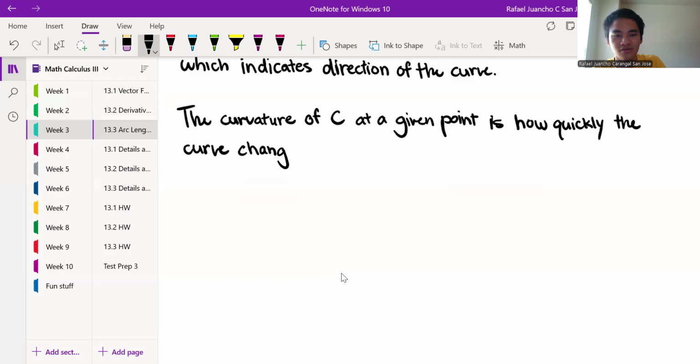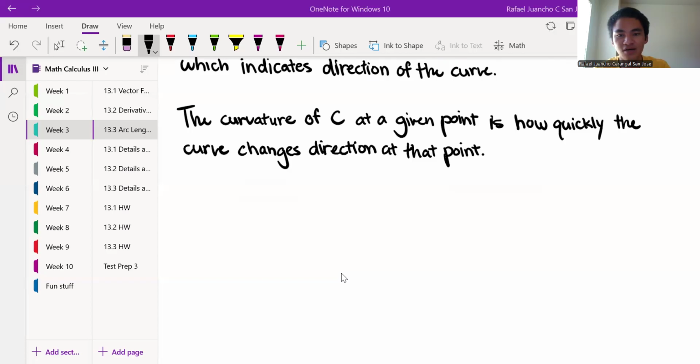That's why we talked about our tangent vectors first at that point. And here, to be honest, we don't have to worry about how to get this intuitively because we're given a formula. So to be specific, we define it to be the magnitude of the rate of change of the unit tangent vector with respect to its arc length.